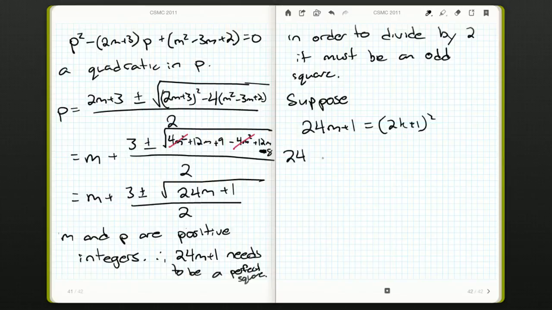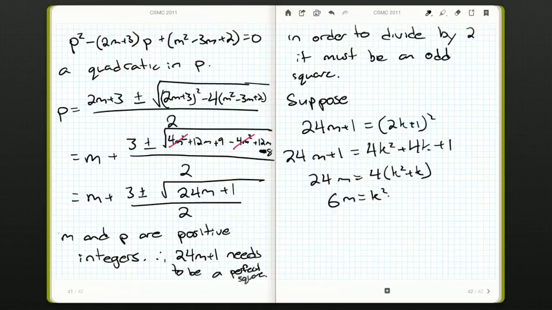And then 24m plus 1 is going to be the same as 4k squared plus 4k plus 1. 24m is going to be 4k squared plus 4k. 6m is going to be k squared plus k. Does that help us in any way? I don't think that really helps us, does it?